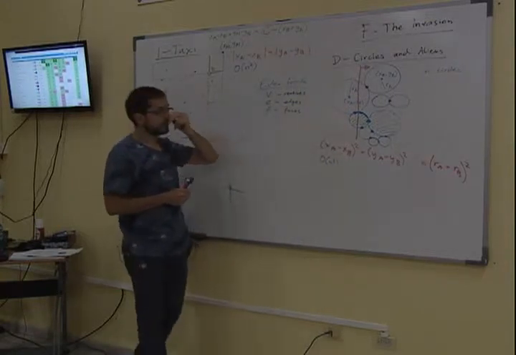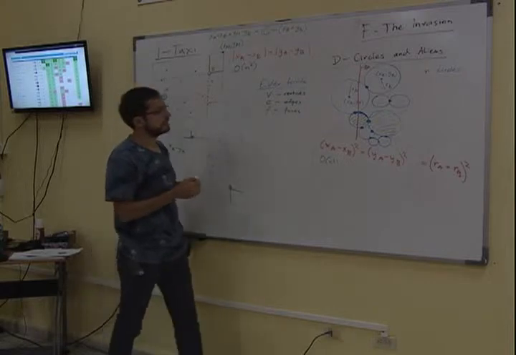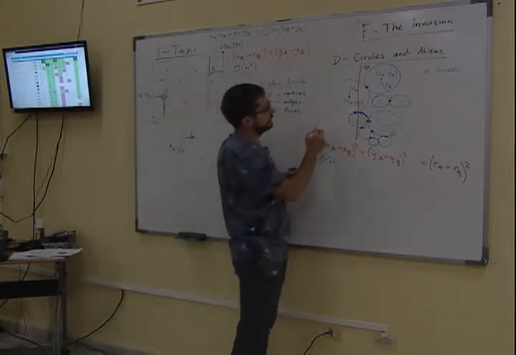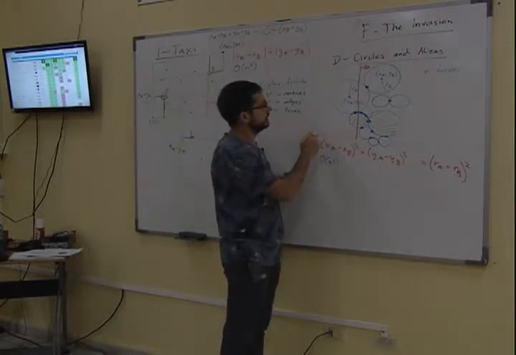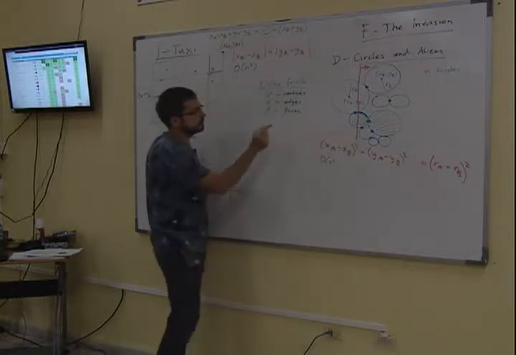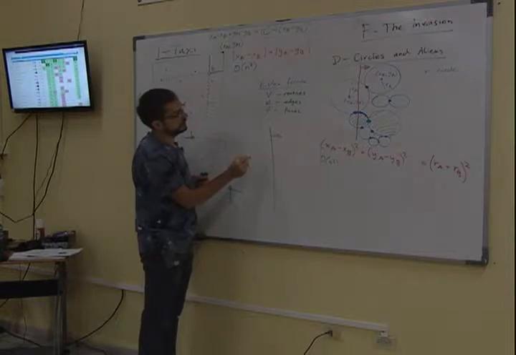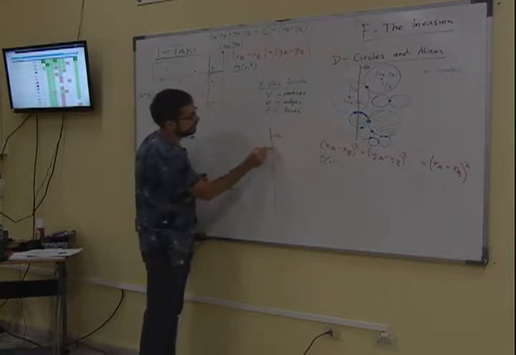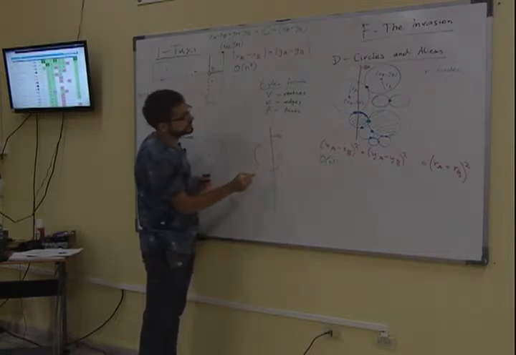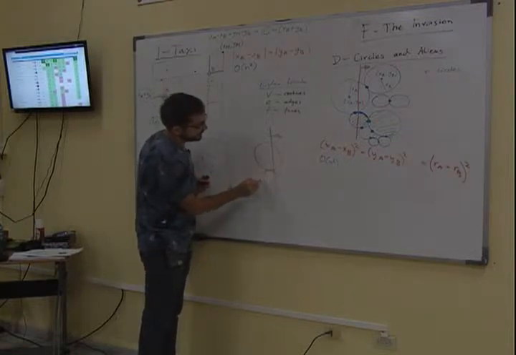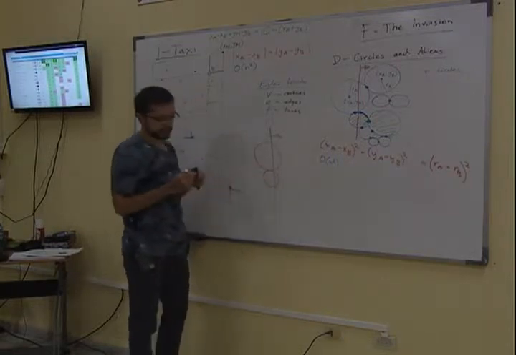So I will write a similar image here. Here we have one circle which intersects this line, and a second circle which intersects this line.